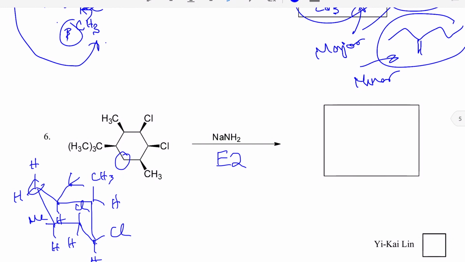So again, let's draw out. So let's start off with this carbon right here. So this would correspond to this chlorine atom here. If we were to take a look at this chlorine atom, there are 2 possible beta carbons, right?